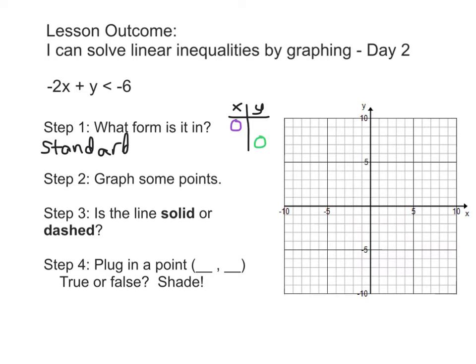So when I put a 0 in for x right here, I get negative 2 times 0, that becomes 0. We don't have to worry about that right now. So then we just have y is less than negative 6. Now don't worry about the less than part of this right now. We just know that we're going to put negative 6 in for our y-intercept.